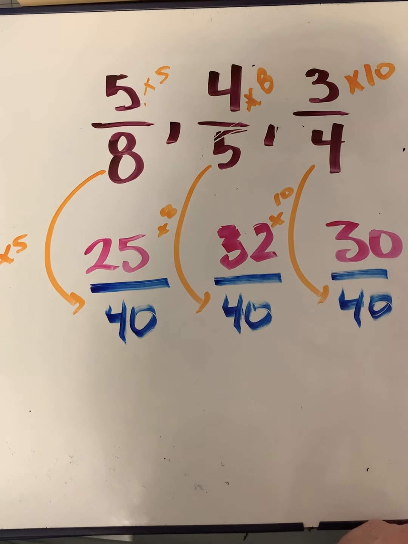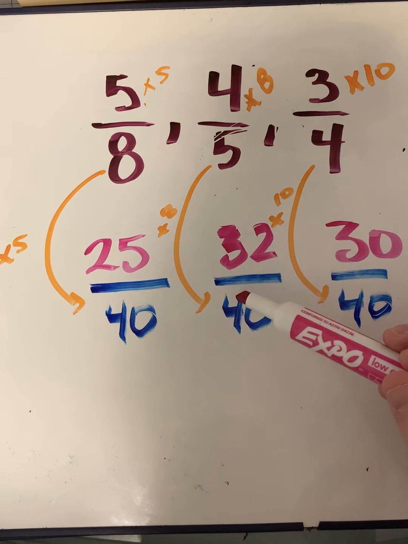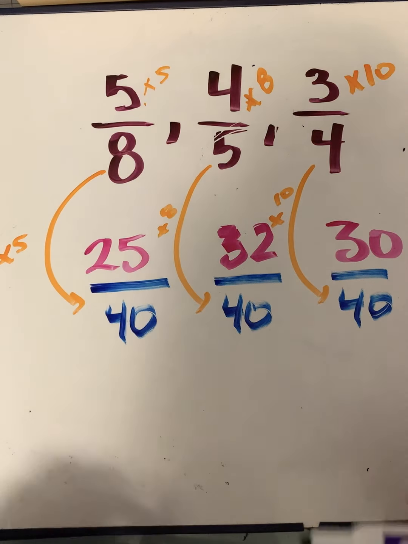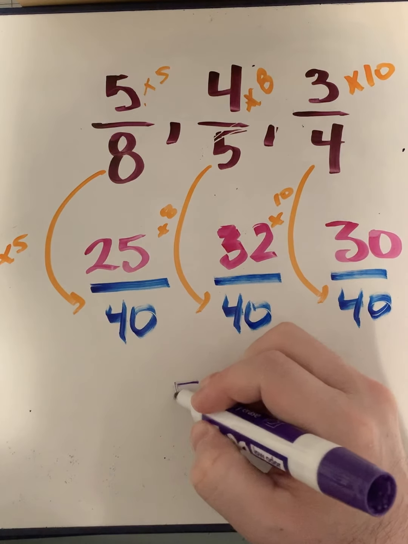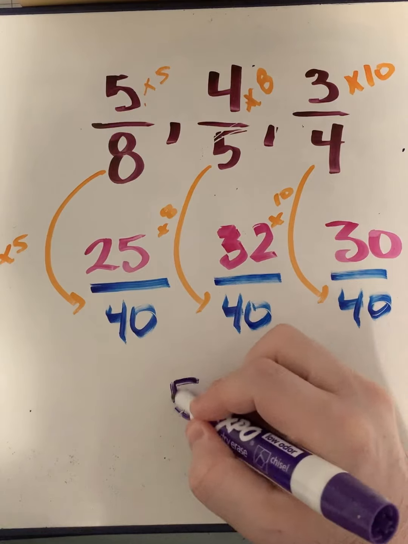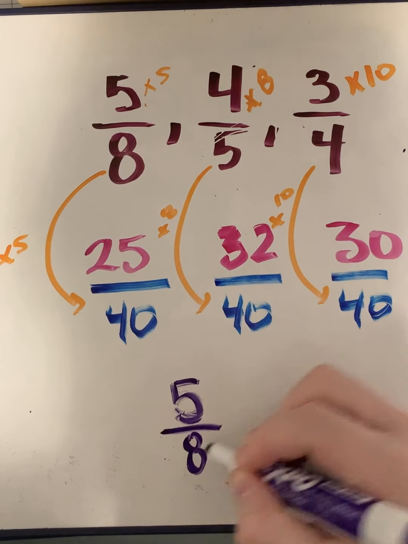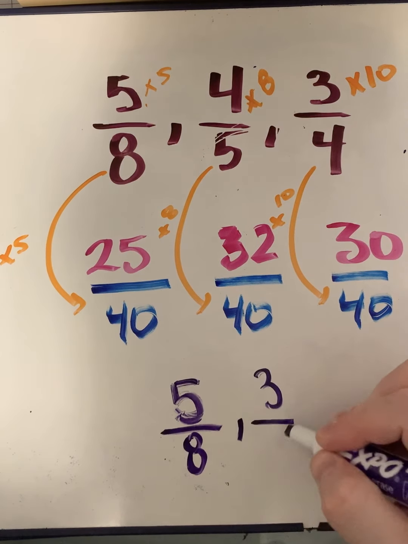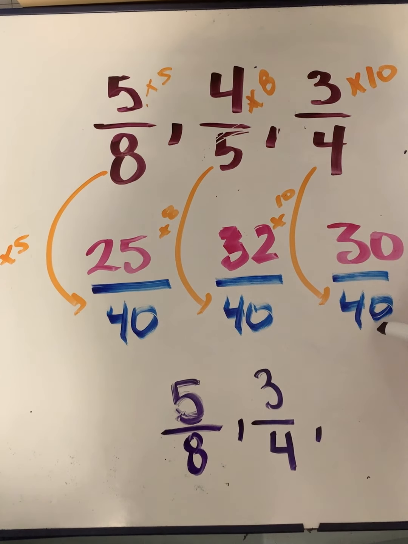Now when I look at it, I see, okay, all the denominators are the same. So now I can just focus on the numerators and put them in order. So if I were to now order them from least to greatest, and this is the problem, I have to return back to my original fractions. 5/8, right? It's 25 out of 40. Then 3/4, 30 out of 40.